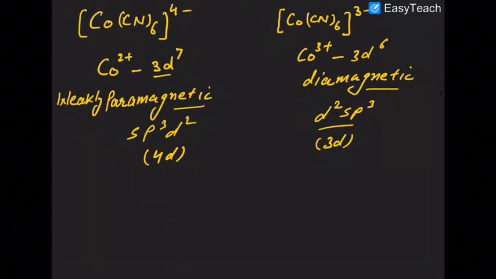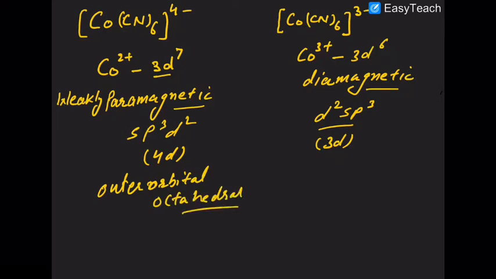Whenever you have the cobalt 2+ cation, it is always able to form an outer orbital octahedral complex, whatsoever the nature of the ligand, in all the cases. Are you getting that or not? In all the cases it will give you an outer orbital octahedral complex, while here it will give an inner orbital octahedral complex.